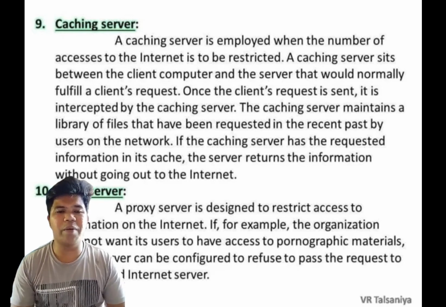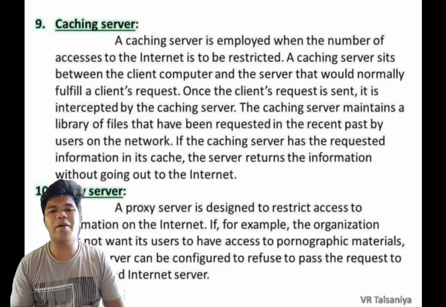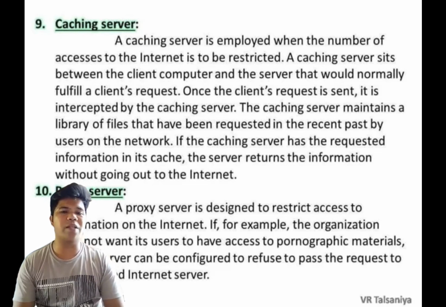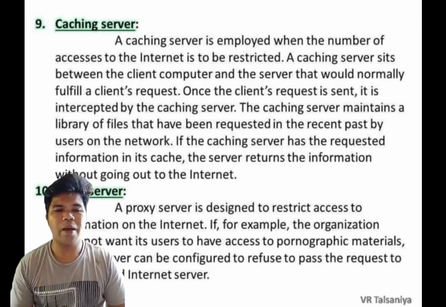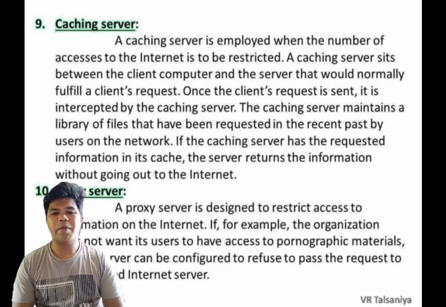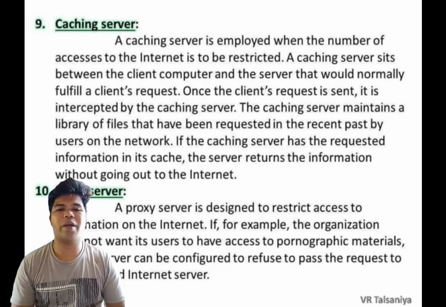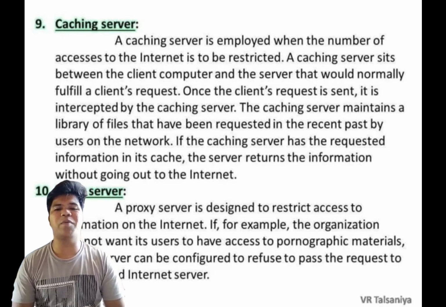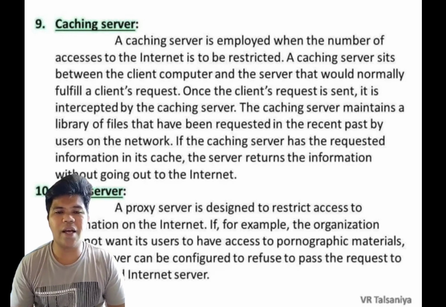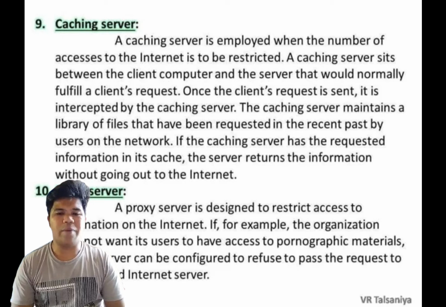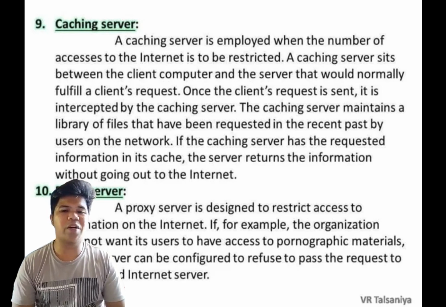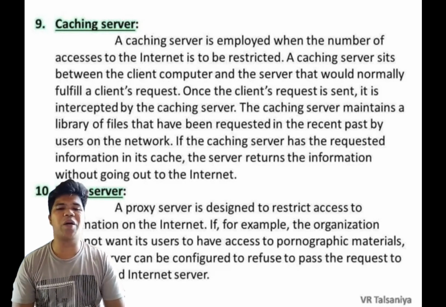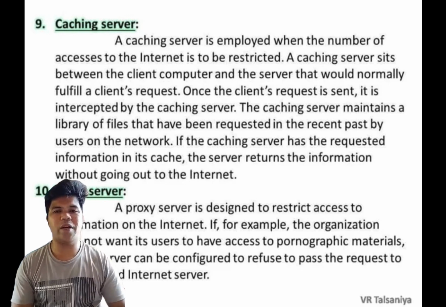The caching server maintains a library of files that have been requested and sent past by users on the network. If the caching server has the requested information in its cache, the server returns the information without going out to the internet.